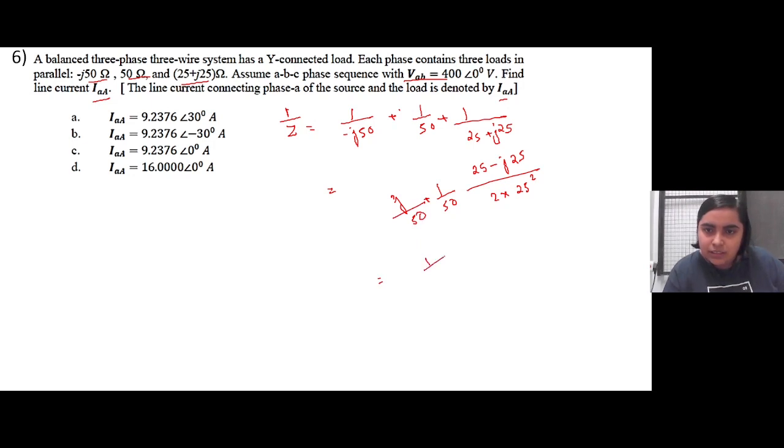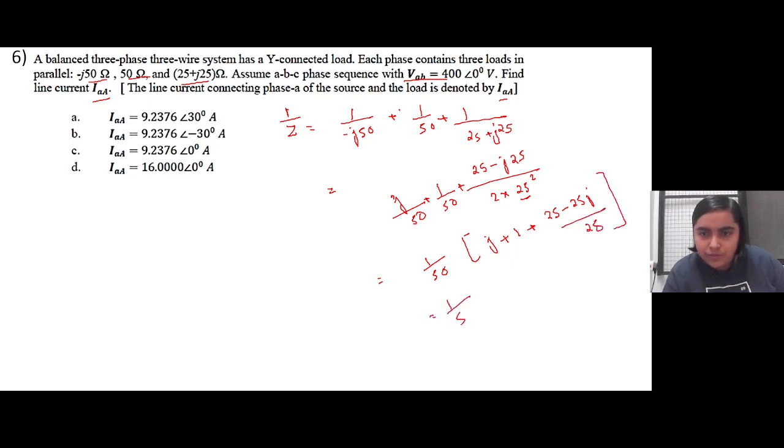Let us take 50 common, so it is j plus 1, and 25 minus 25j by 25 squared remains.